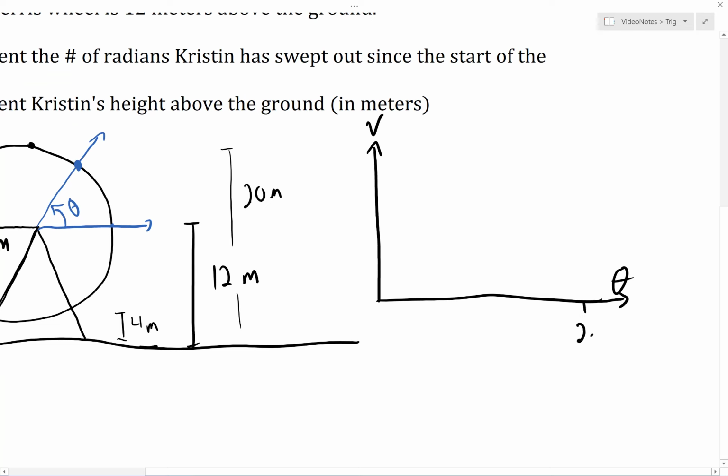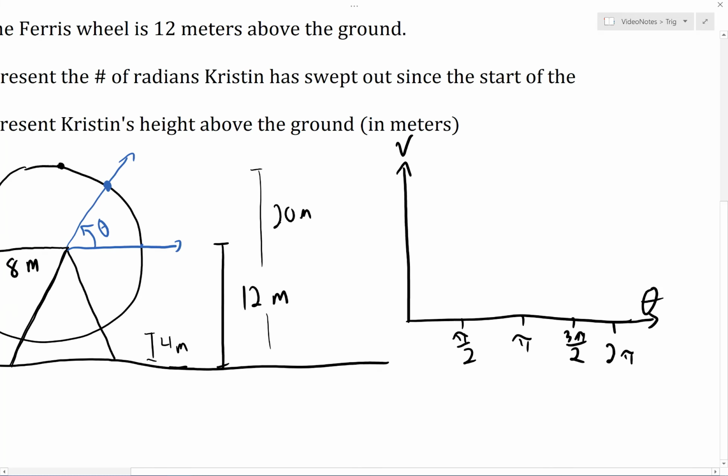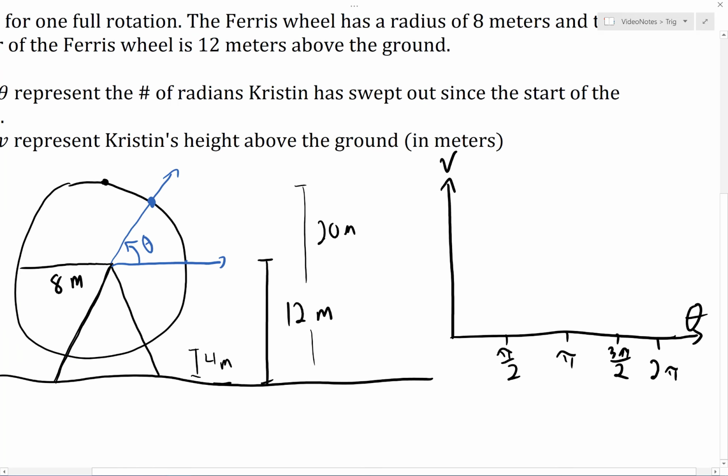We can end at 2 pi over here, and then we'll split it into 4 pieces. Okay, so v will start at 0, but the largest v can get in this context is 20. So we'll put 20 up here. And the lowest Kristen gets is 4 meters above the ground. And then the center of the Ferris wheel is 12 meters above the ground.